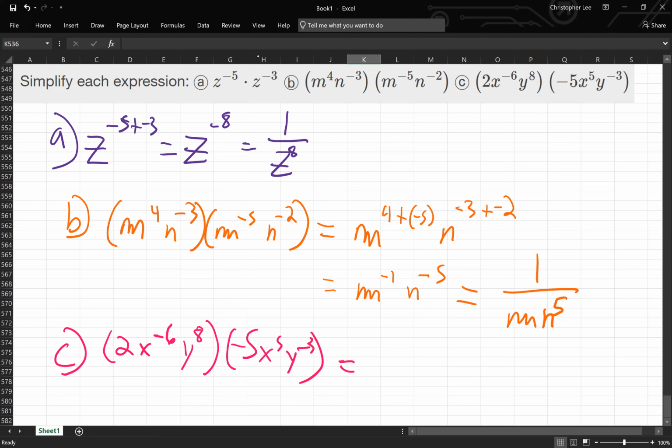We multiply numbers with numbers, variables with variables, right? So 2 times negative 5 is what? Negative 10. Then you have x to the negative 6, x to the fifth. Gonna add those together. What do we get?